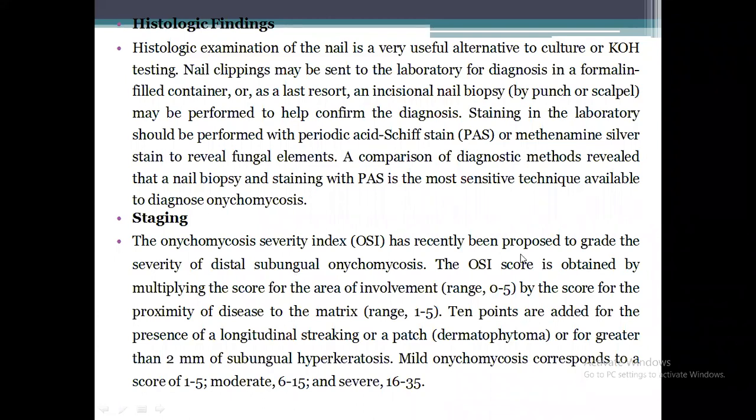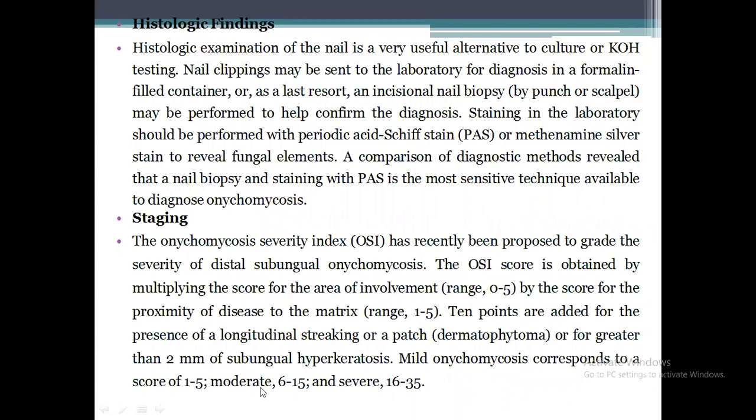The OSI score is obtained by multiplying the score for the area of involvement, ranging from 0 to 5, by the score for the proximity of disease to the matrix, ranging from 1 to 5. 10 points are added for the presence of longitudinal streaking or a patch, or for greater than 2 millimeters of subungual hyperkeratosis.